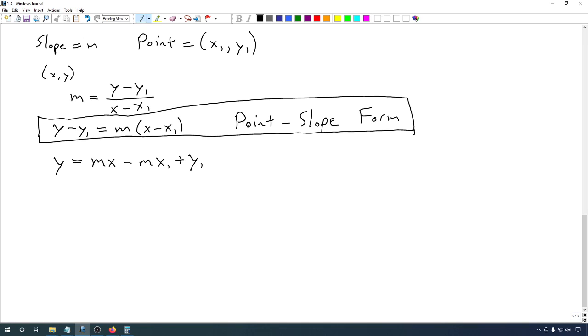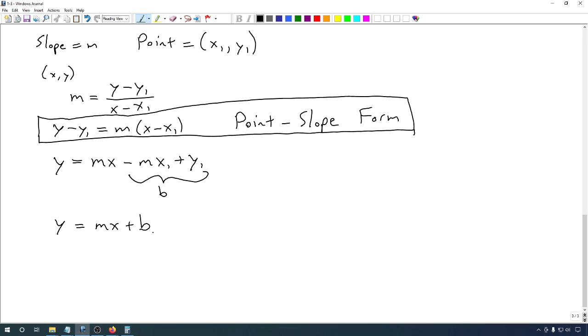In a particular example, we would combine everything there into one number. So I'm just going to call this b, so that we have y is equal to mx plus b.